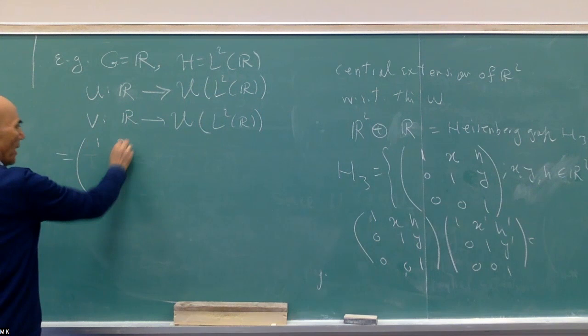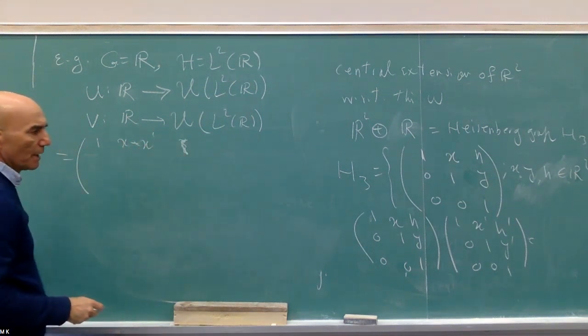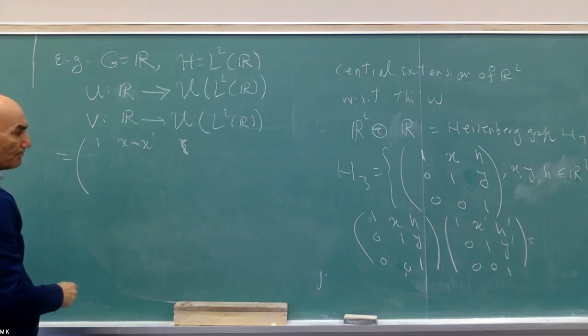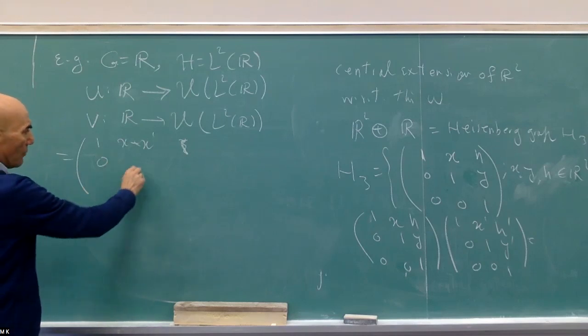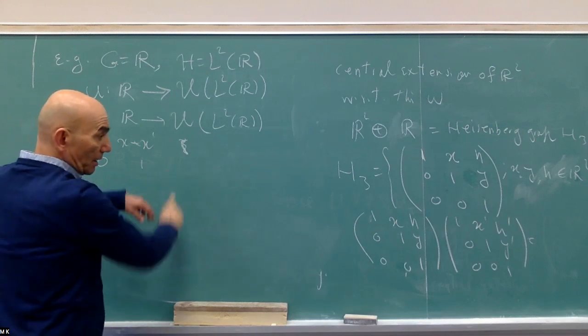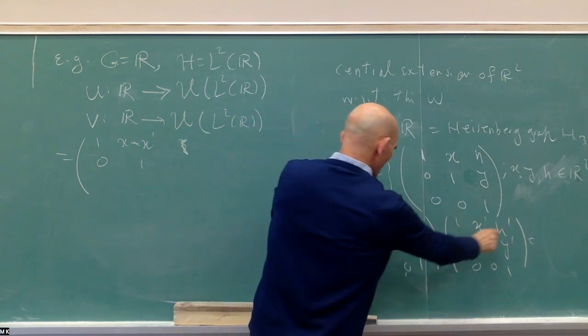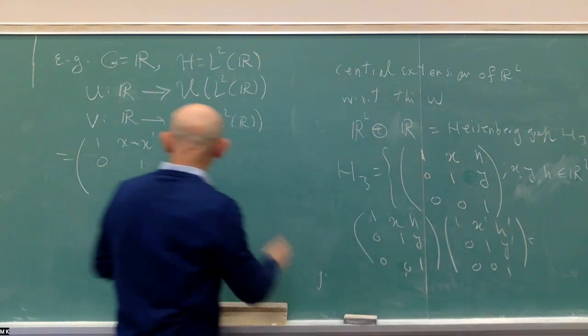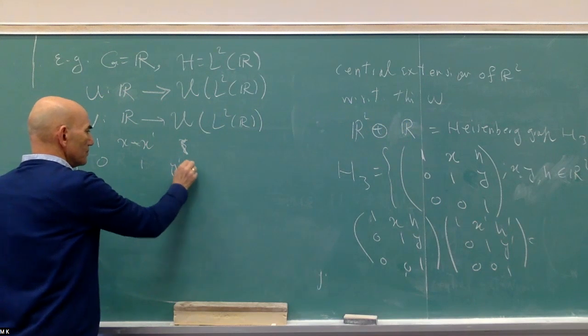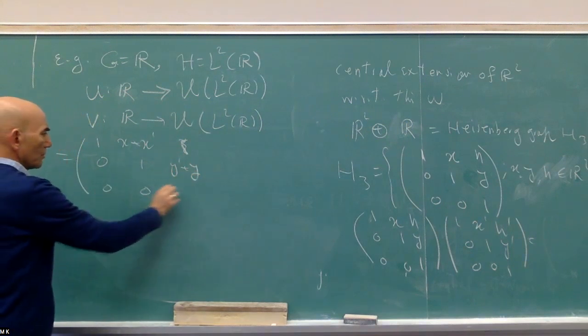Then we have 0 and 1, and here Y prime plus Y, and then 0, 0.